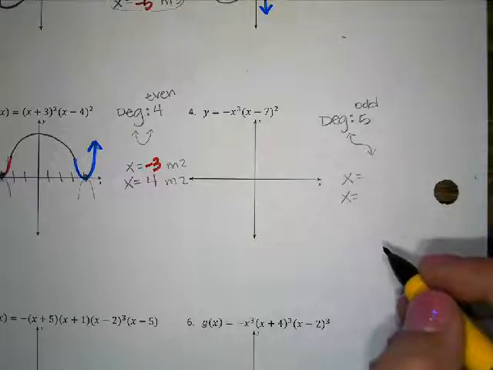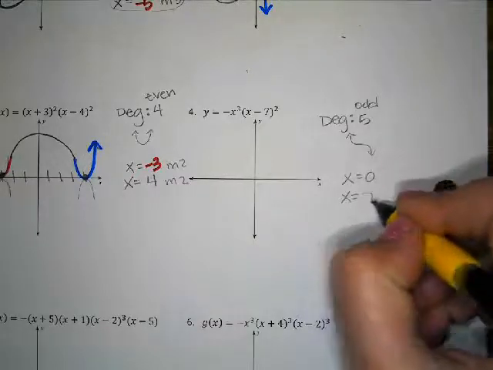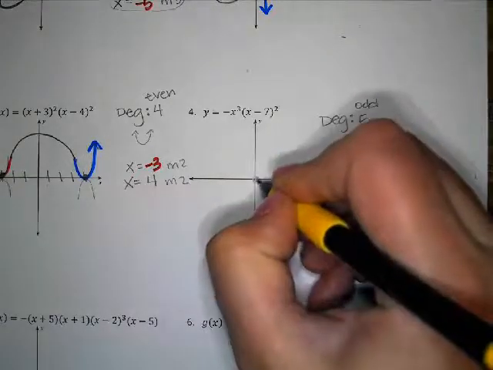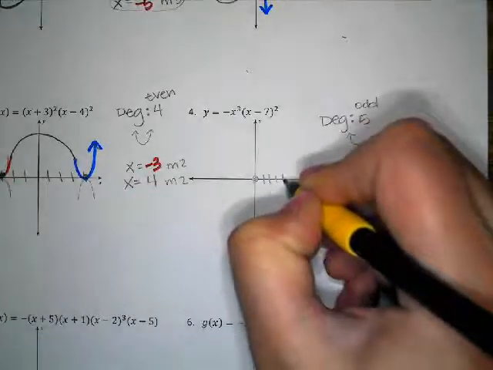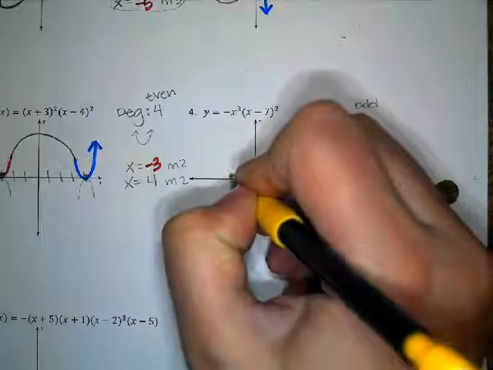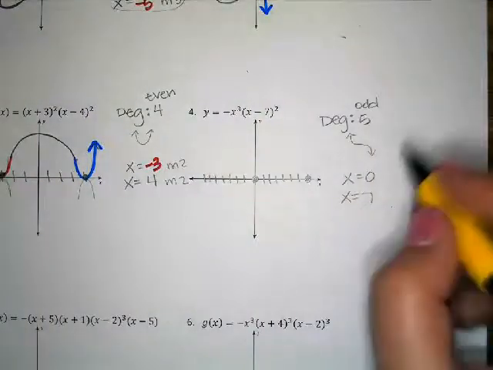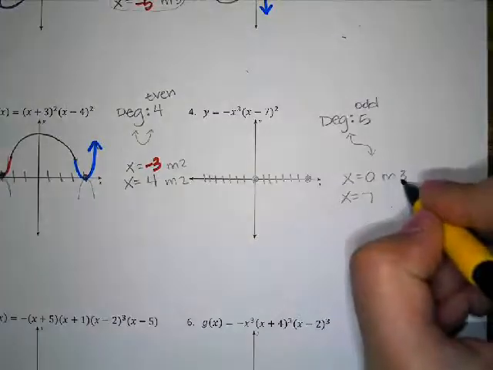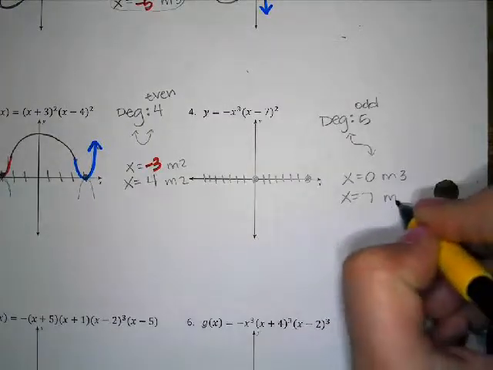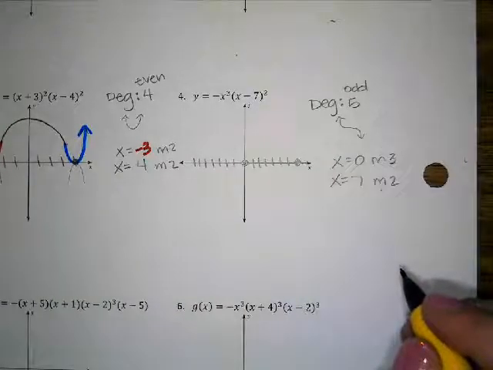Zero and 7. Zero has a multiplicity of 3. 7 has a multiplicity of 2. Up arrow, then down arrow.